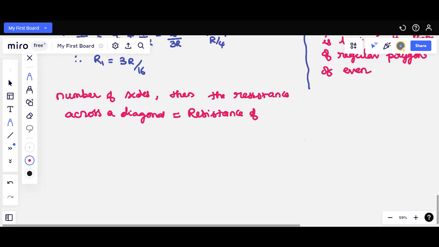Resistance of a side is equal to R by n.